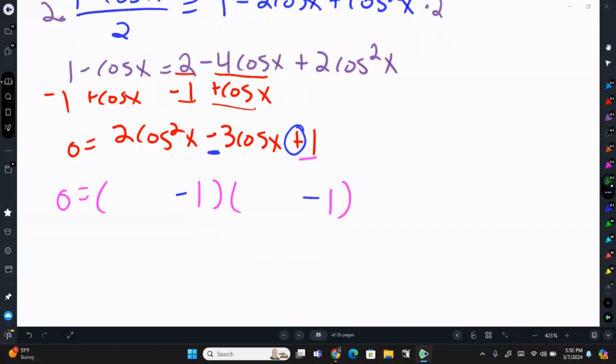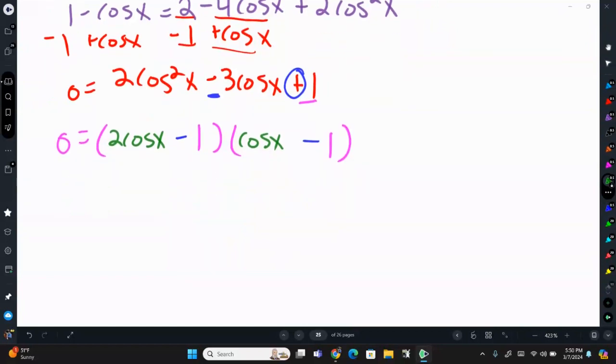And then the first term, one of them has to be 2 cosine x, and the other one has to be cosine x, because when you multiply the first two, we need 2 cosine squared x. So by reasoning yourself through this, there was only one option that this could have been.